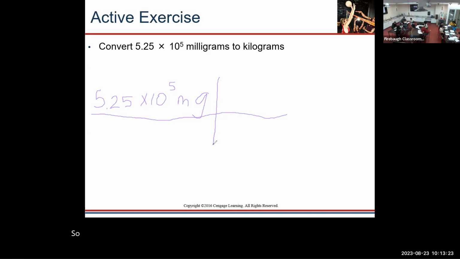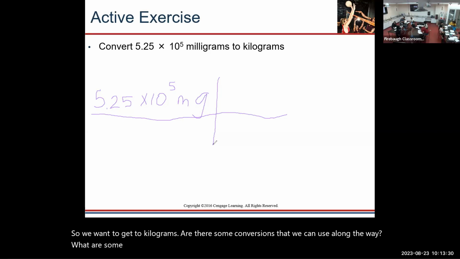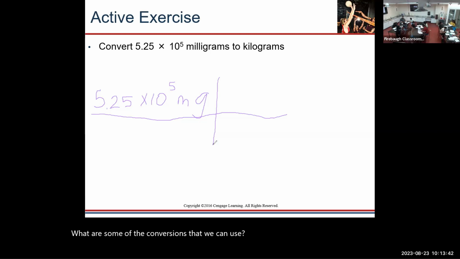So we want to get to kilograms. Are there some conversions that we can use along the way? What are some of the conversions we can use? So mil means what again? 1,000. 1,000 milliliters will equal what? 1 meter.